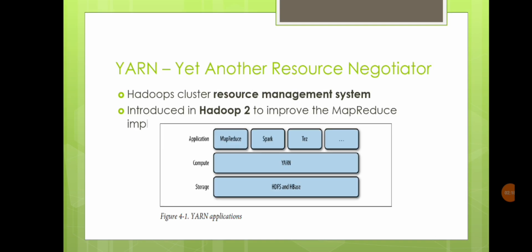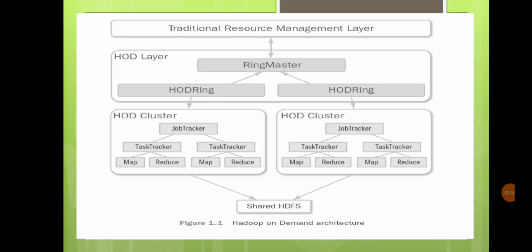Then Yarn. Yarn is a key component of the Hadoop ecosystem introduced in Hadoop 2 to address the limitations of the original Hadoop architecture. The diagram shows the difference between the traditional resource management layer and Yarn.